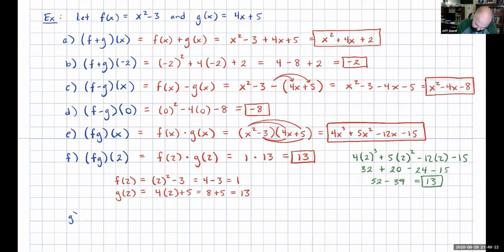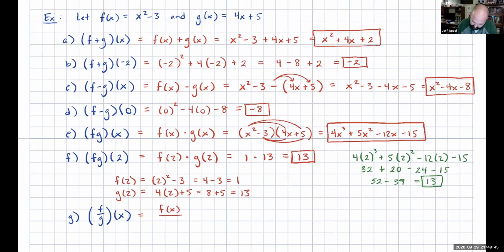Okay, this has got to be the longest problem we've ever done. Well, maybe not the longest problem, but certainly with the most parts we've ever had so far. So in part G, what is f divided by g of x? What is that going to be equal to? Well, we've got the idea now with as much of this as we've done.